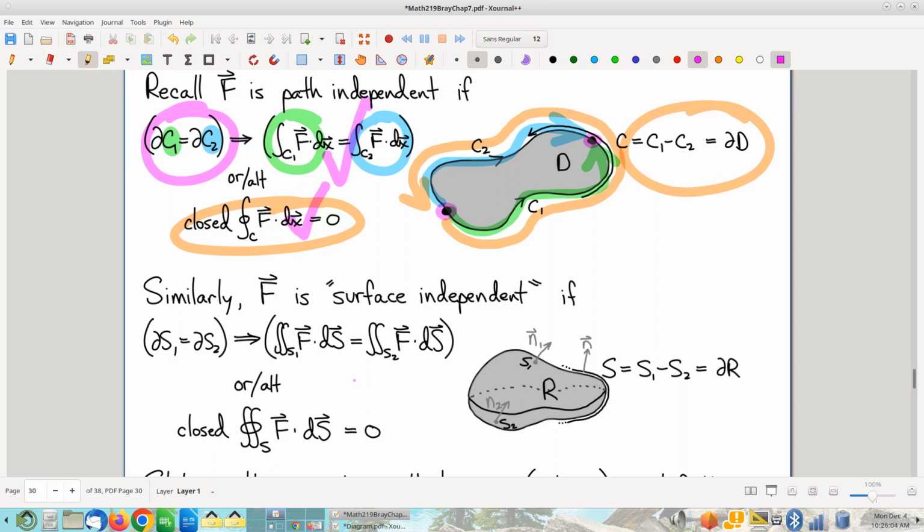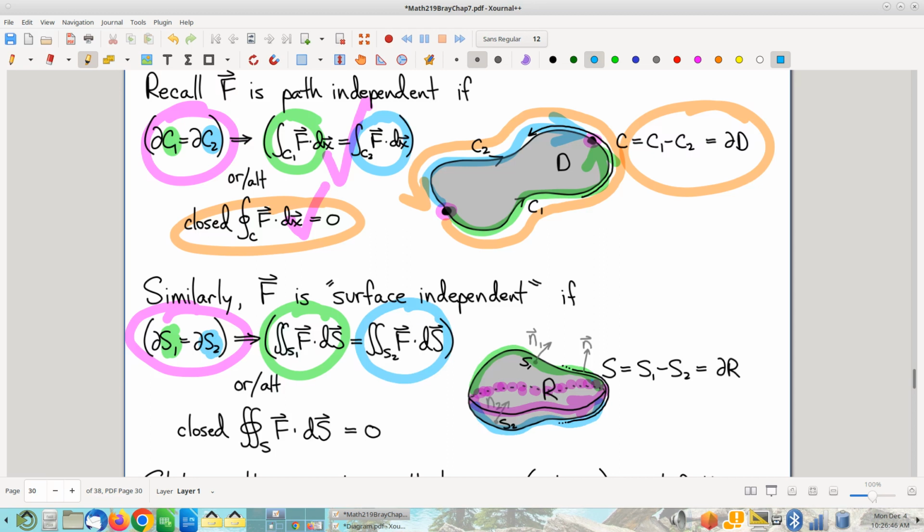Here we are going to again start off with a shared boundary, this time that boundary being a curve, not a pair of points. So one dimension up. If I have two surfaces with that shared boundary, S1, if I'm interested in a flux through S1, that being some surface with this shared boundary, and now if I consider S2, if I'm interested in the flux through S2, that also having the same shared boundary.